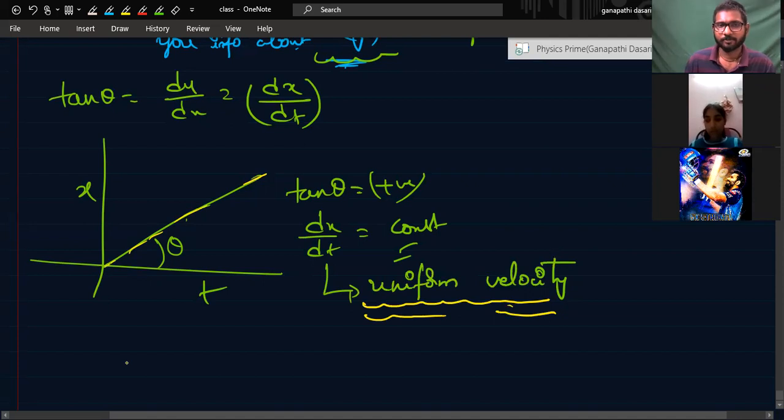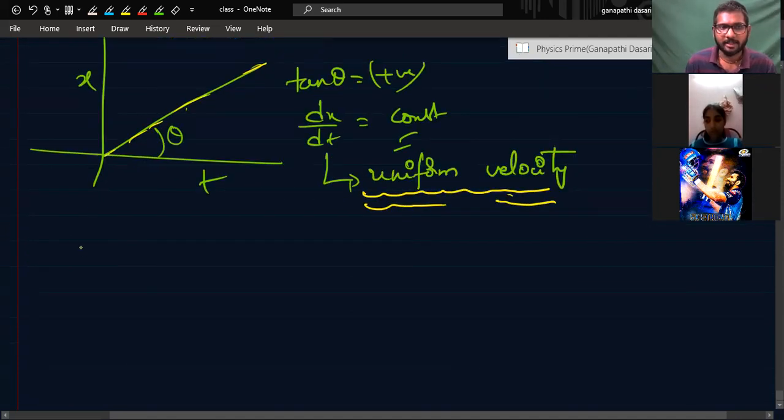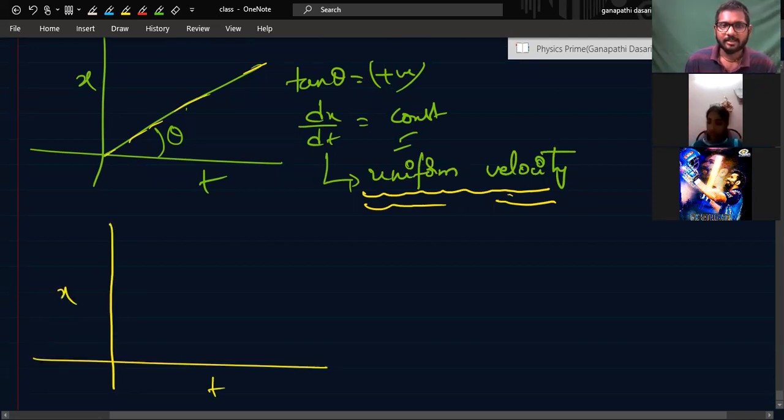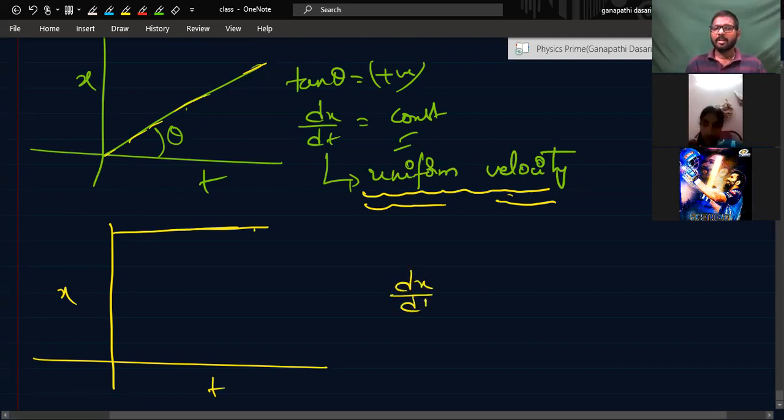There are other things also. Let me say this xt graph. Here, what is the slope of this line? dx by dt is nothing but velocity here.